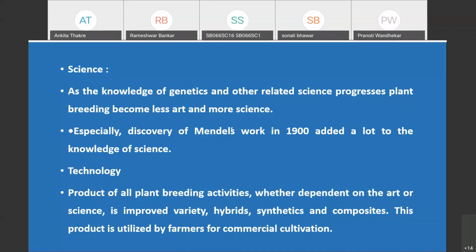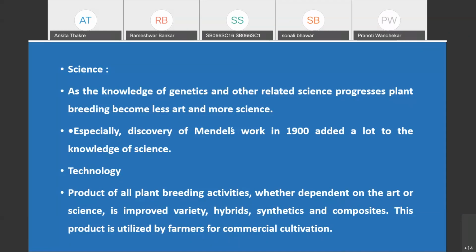Mendel in 1900 discovered the laws of inheritance. He gave the laws of how the characters are actually transferred from one generation to another generation, and later on it gave the basis for all plant breeding programs.